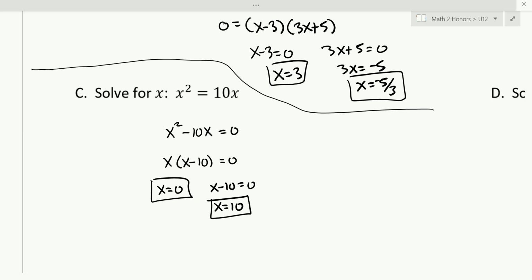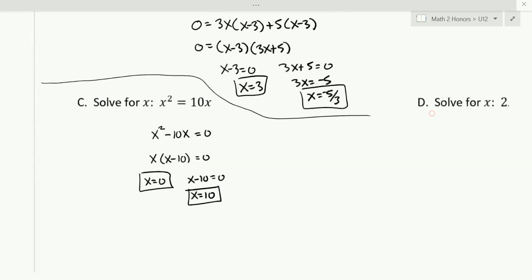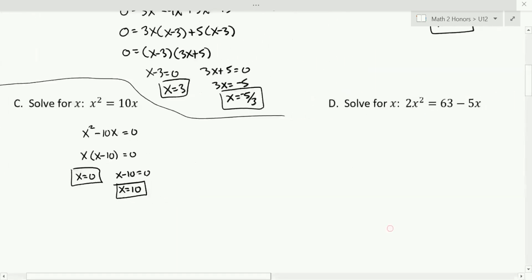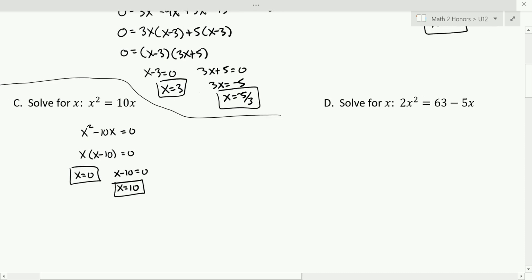And then this is not a difference of two squares. You can't go like x plus 5 and x minus 5. That's not true. You factor out an x, and you get x times x minus 10, and set your factors equal to 0. And you got one more. Go ahead and solve part D any way you'd like.